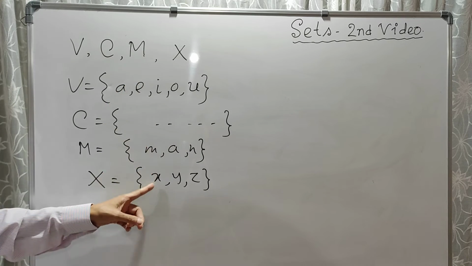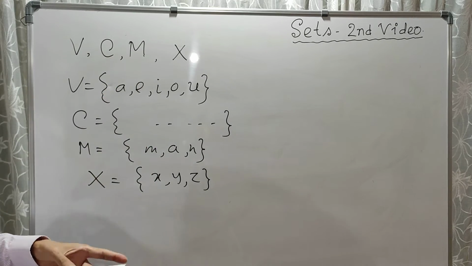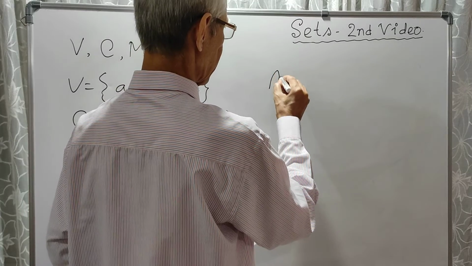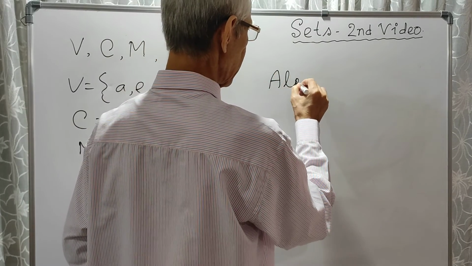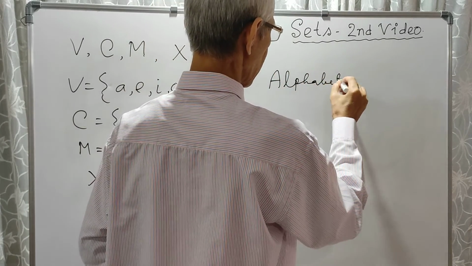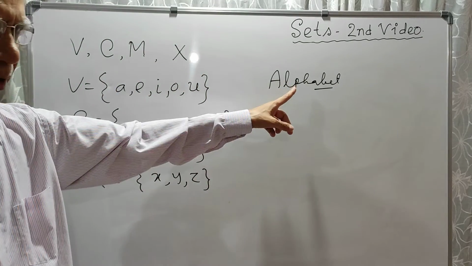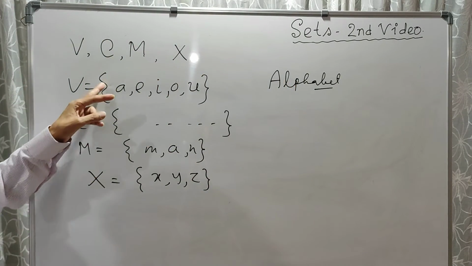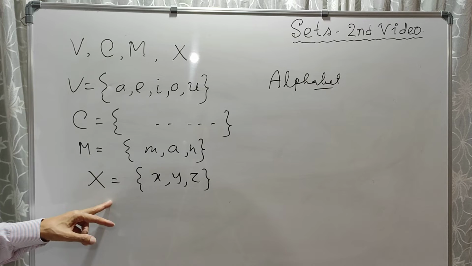Now these four sets are subsets of the set of alphabets, isn't it? The set of alphabets is a proper superset of all these four subsets.